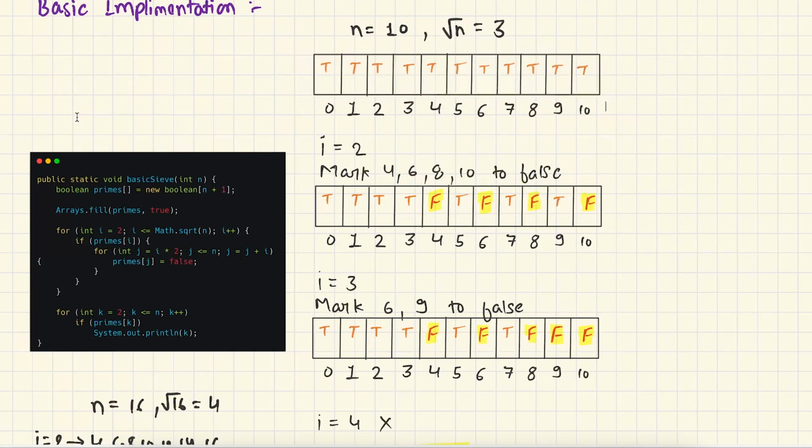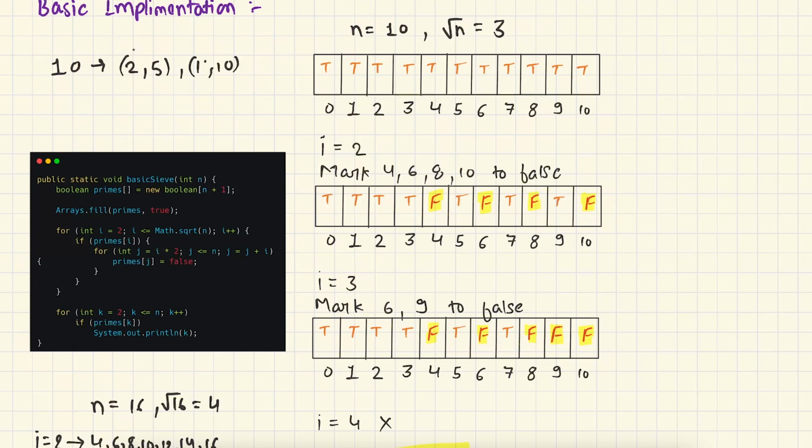Correct? Next, we are running a loop from 2 to square root of n. Why square root of n? Because we have discussed in previous videos that divisors of numbers appear in pairs. For example, if a number is 10, then the divisors of 10 are 2 and 5, 1 and 10.